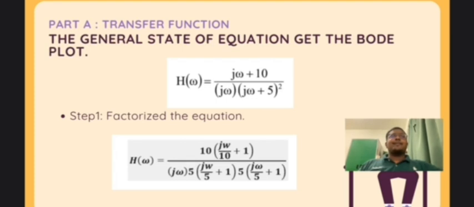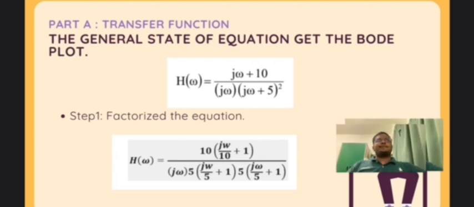Then you have to simplify the equation. So you will get H(jω) equals 0.4(jω/10 plus 1) over (jω)(jω/5 plus 1)(jω/5 plus 1).